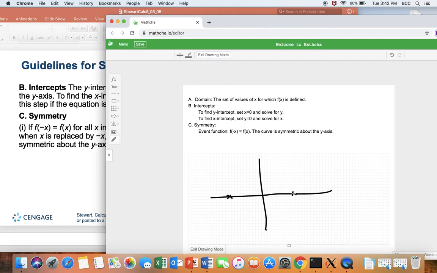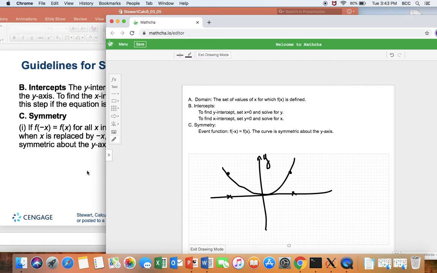That is, if on the right hand side my height is here, then if my function is even, on the negative side it must occupy the same height. So for example, something like y equals x squared. If I take a positive x value or a negative x value, I get the same height. Such a function is an even function. So notice how it is symmetric about the y-axis.